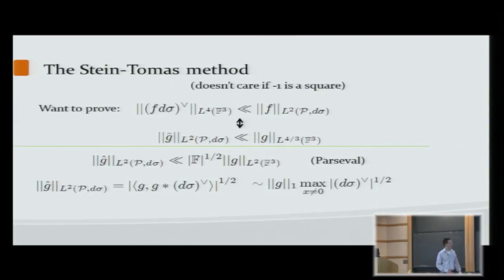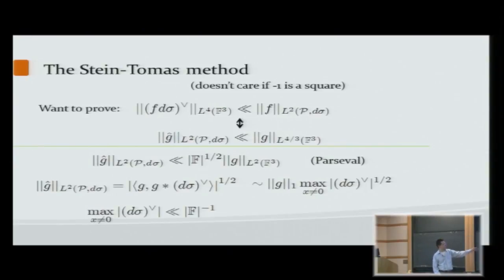I can upper bound this by the L1 norm of... I'm going to do this in detail in a second, but roughly the idea is that if I can prove that the Fourier transform of the measure of the paraboloid is small, then this also gives me an estimate on the L2 norm of f hat restricted to the paraboloid. This is just enough, and this is what I will eventually prove on the next slide.